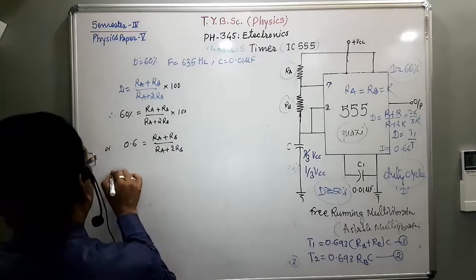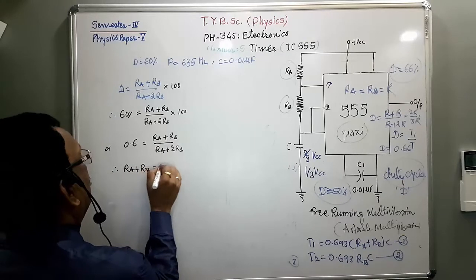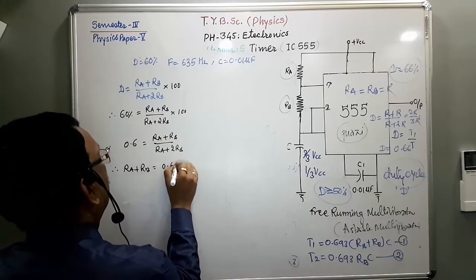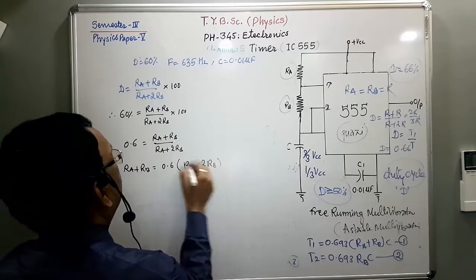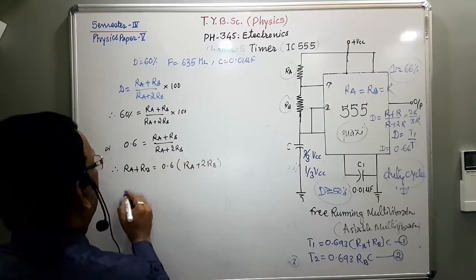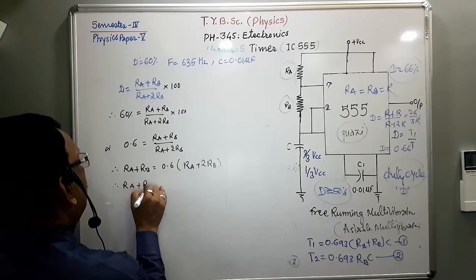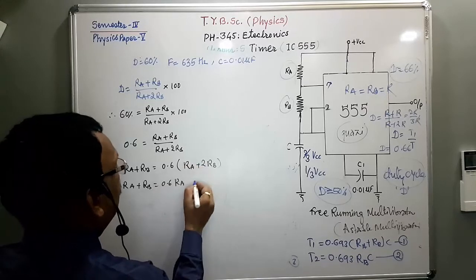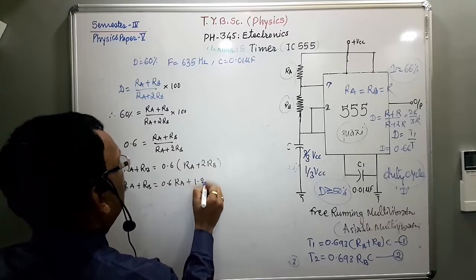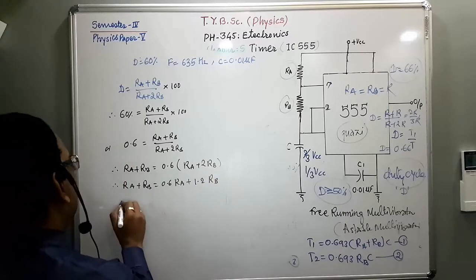From this equation, RA plus RB is equal to 0.6 into RA plus twice RB. Simply take this term towards this side and solve this. RA plus RB is equal to 0.6 RA plus 0.6 into 2, 1.2 RB. Then simplify this.